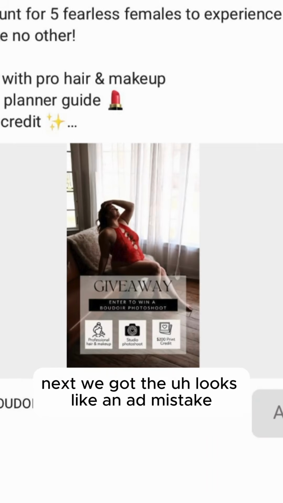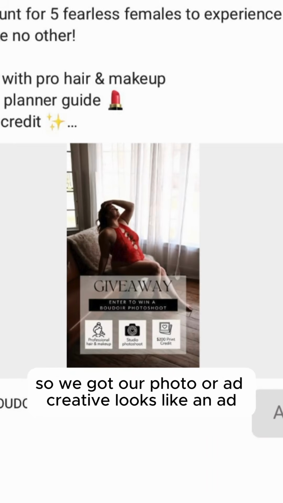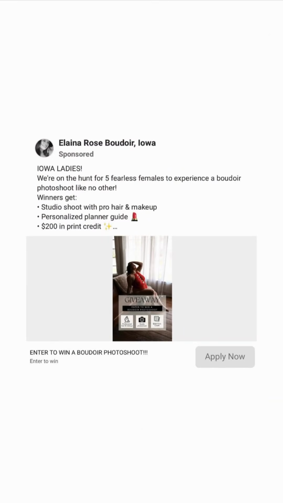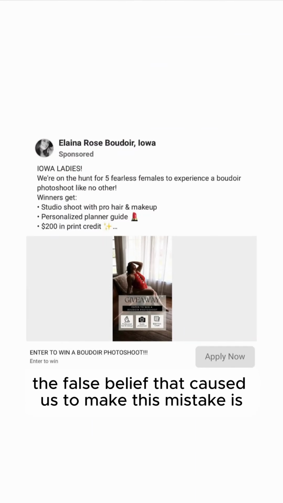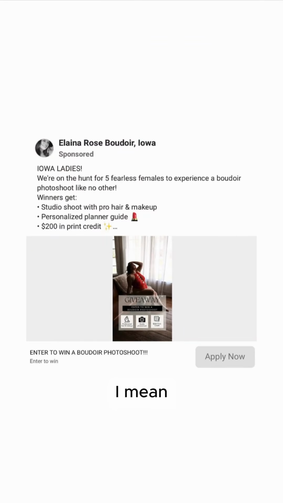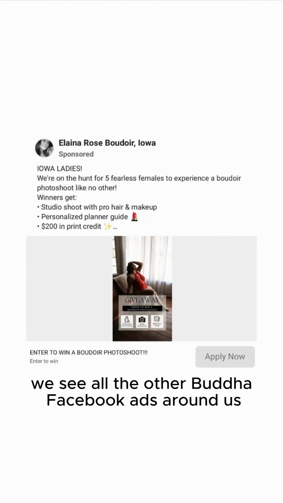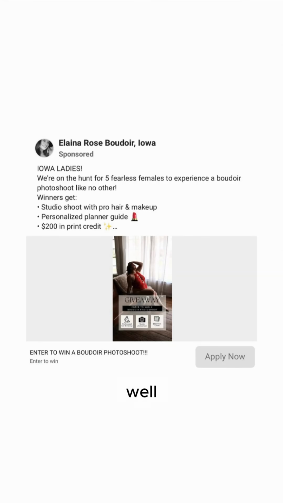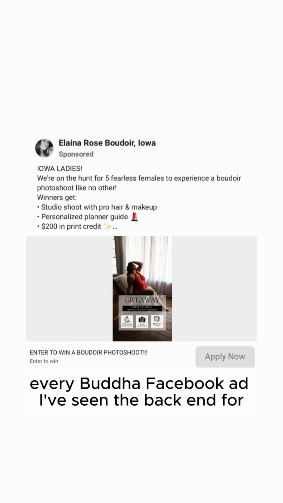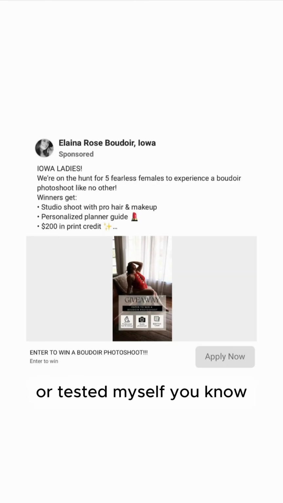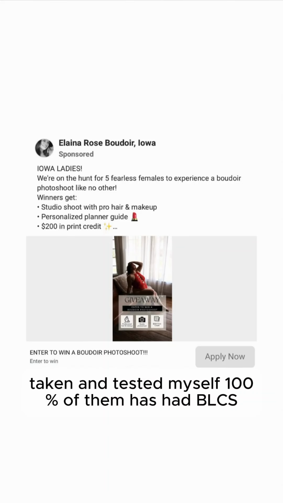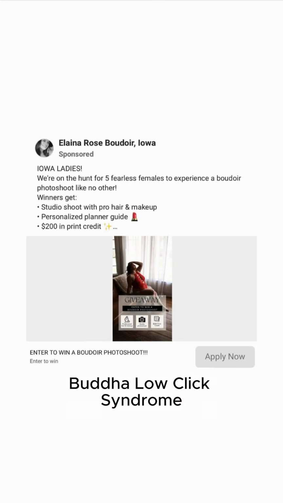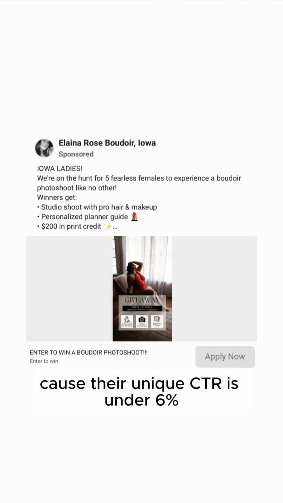Next, we've got the looks-like-an-ad mistake. So our photo or ad creative looks like an ad. The false belief that causes us to make this mistake is, we see all the other Boudoir Facebook ads around us. They all look like ads. So everyone can't be wrong, can they? Well, every Boudoir Facebook ad I've seen the back end for, or tested myself, 100% of them have had BLCS, Boudoir low click syndrome, because their unique CTR is under 6%.